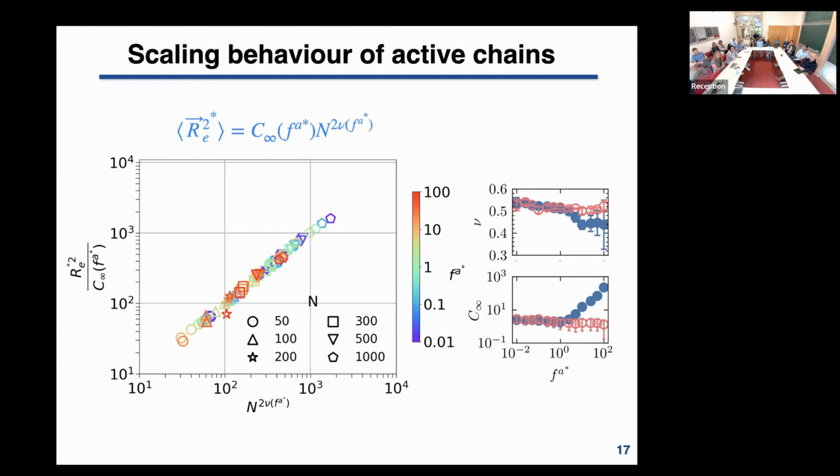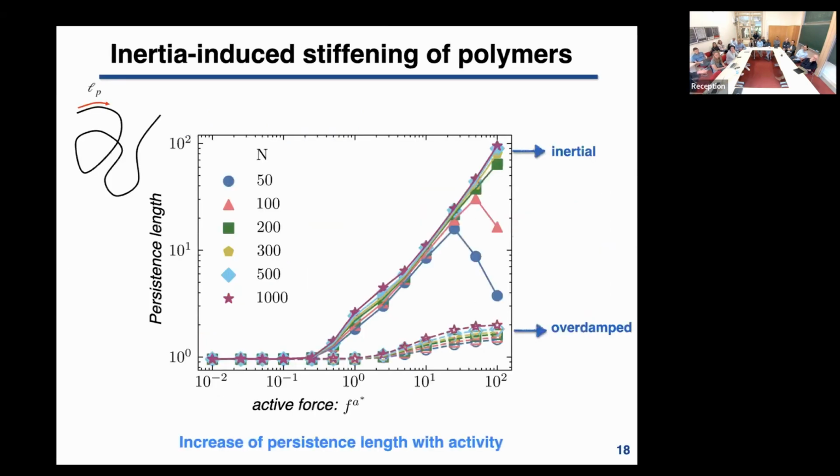It's going down because of the scaling, half, which is for the random walk. Just to verify this, we can directly calculate the induced stiffness. Persistence you just calculate from the bond-bond correlation.